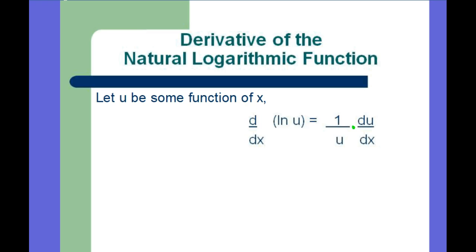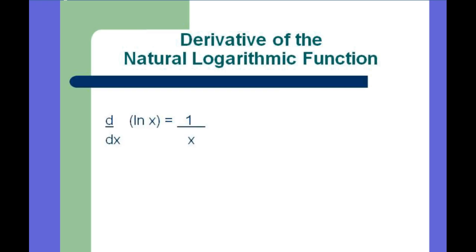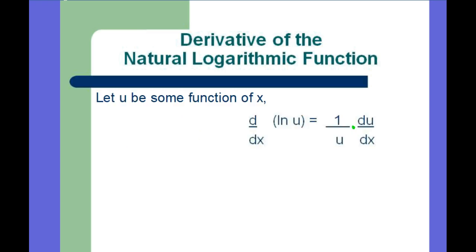Where is that? We did that. The derivative of f of x equals ln x is 1 over x. And then it says the derivative of f of x equals ln u, where u is the function you made, is 1 over u times du/dx. This slide is this one. I just wrote out more for you.